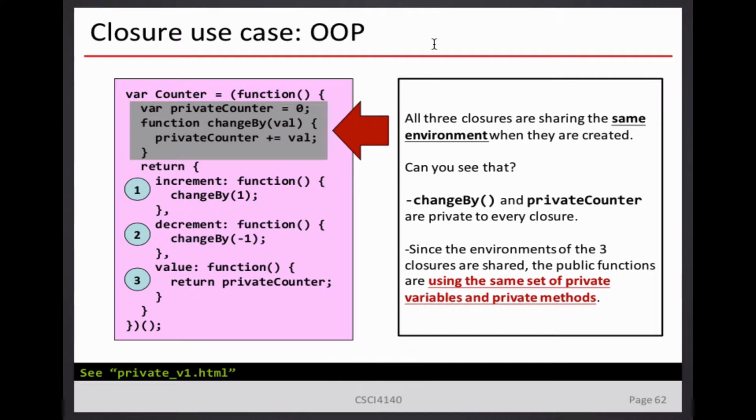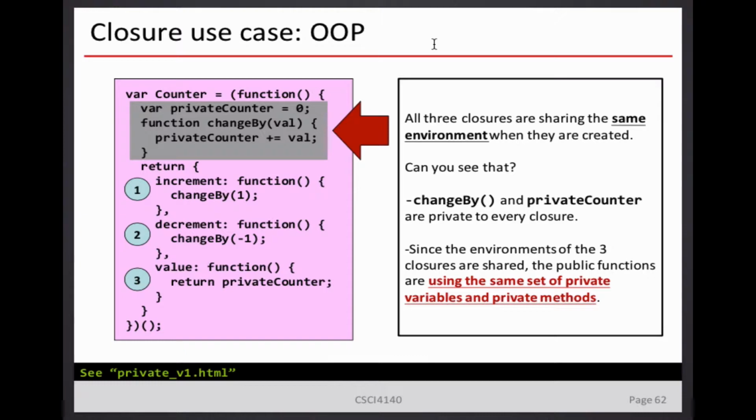When I execute this, it will create the counter called privateCounter, var privateCounter equal to 0, so that I will have a copy of this variable, because I executed. It is as if I have a pointer pointing to this variable. So this privateCounter is talking about this piece of memory.